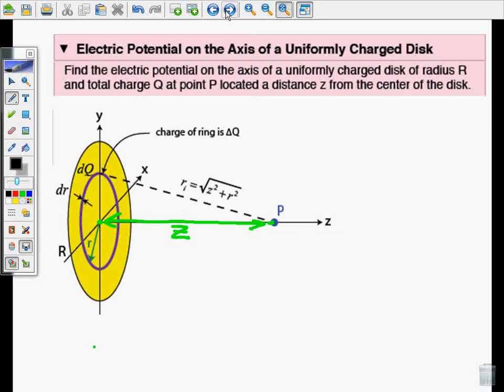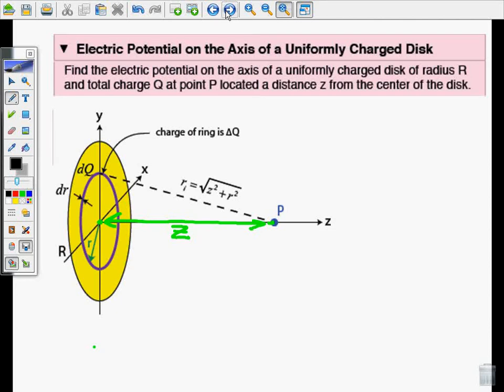Well, we're just going to consider it a plane, but it's not. This is three-dimensional, X, Y, Z. You wouldn't get the right thing. The point P is along the z-axis.